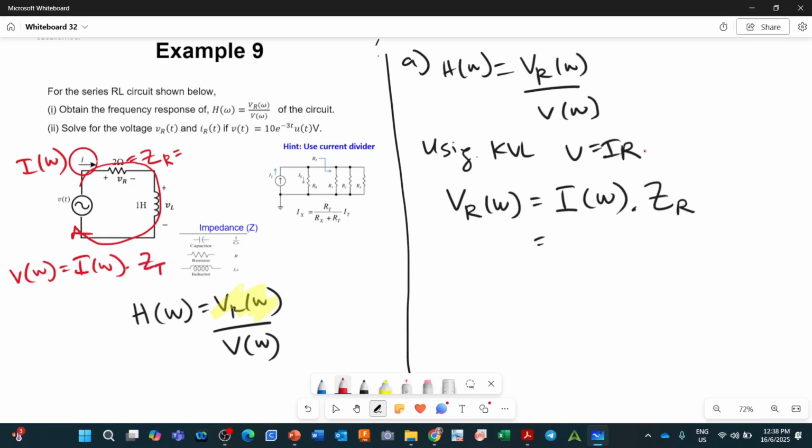Total impedance. Okay, having said that, we are going to write I omega in terms of V omega over ZT. So I omega, we write it as V omega over ZT times ZR.